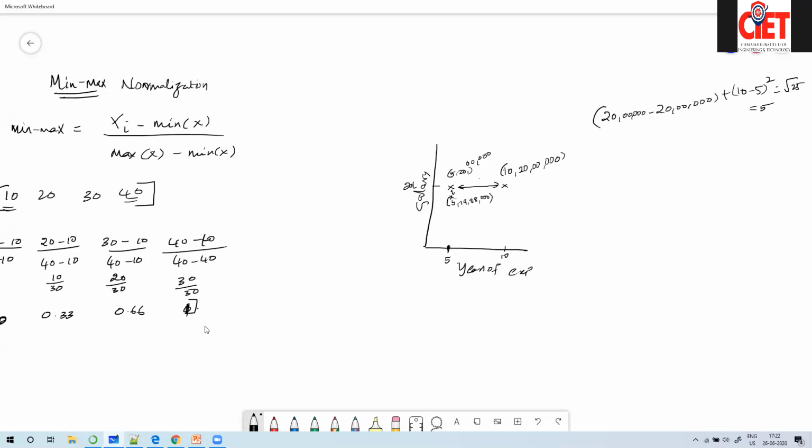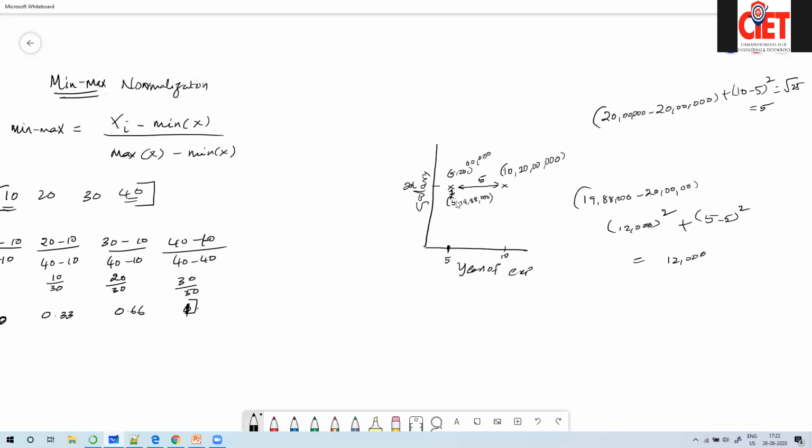So the distance here in this case is 5. Let us look at this distance. This distance is 19 lakhs 88,000 minus 20 lakhs, which is roughly around 12,000 square, plus years of experience is the same, 5 minus 5 whole square. So this is 12,000.